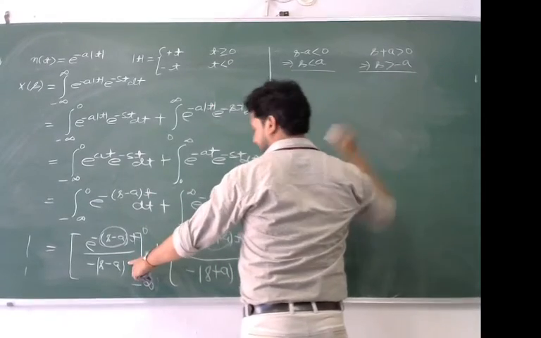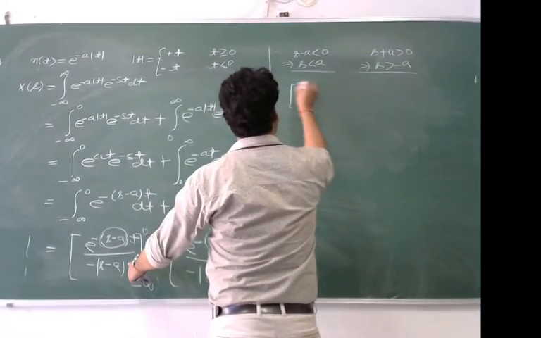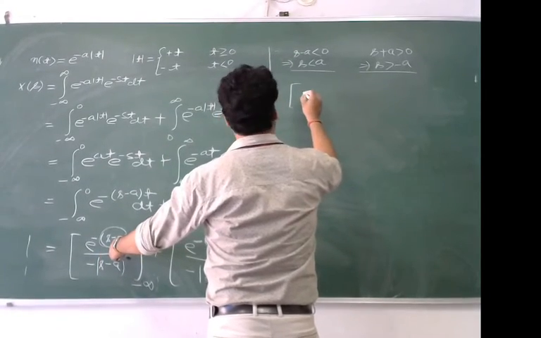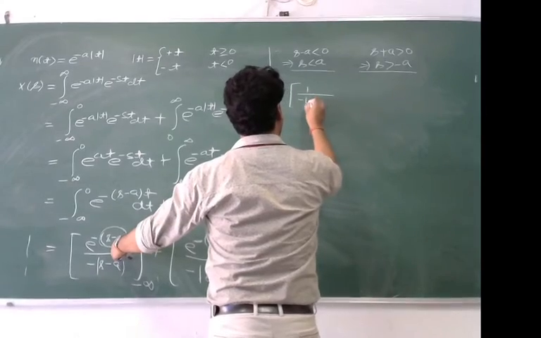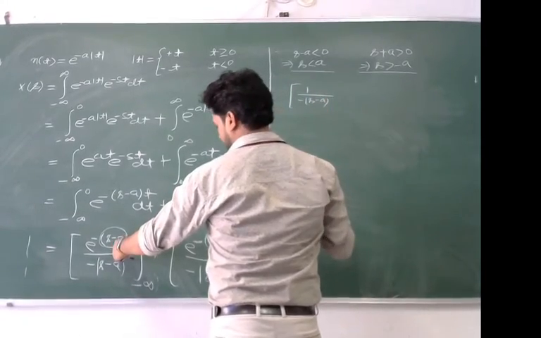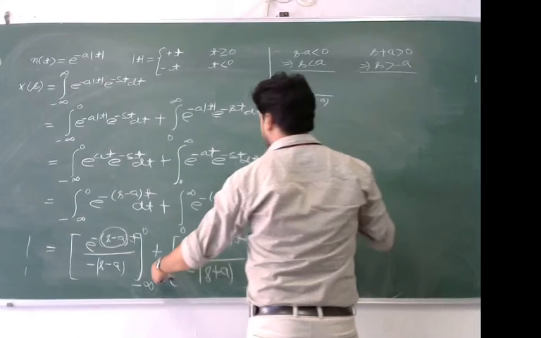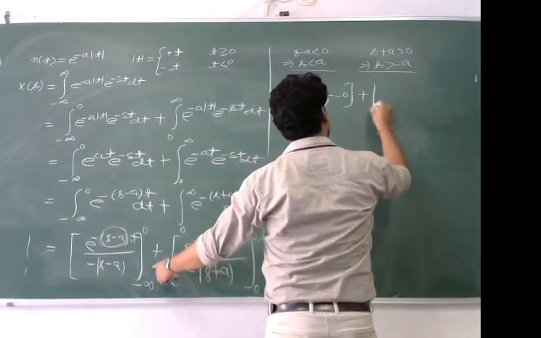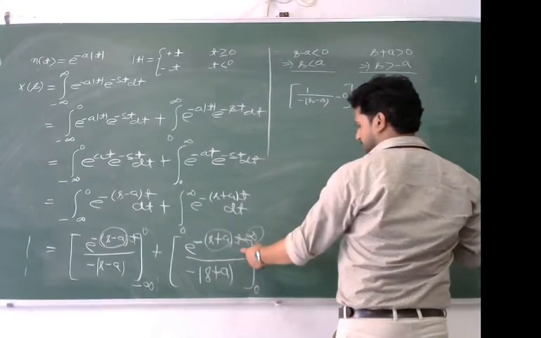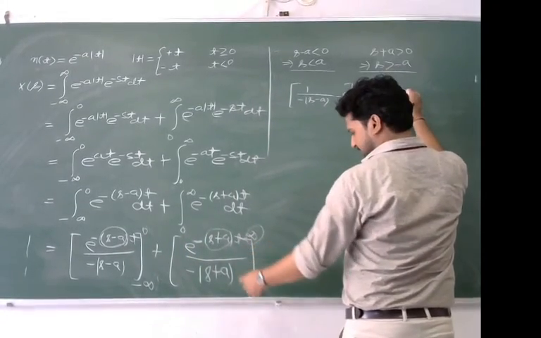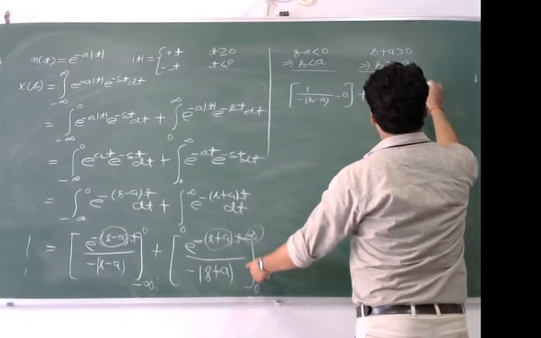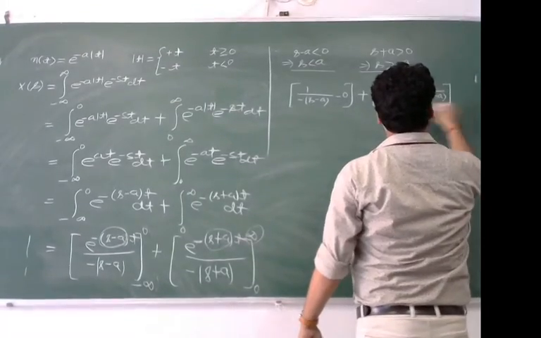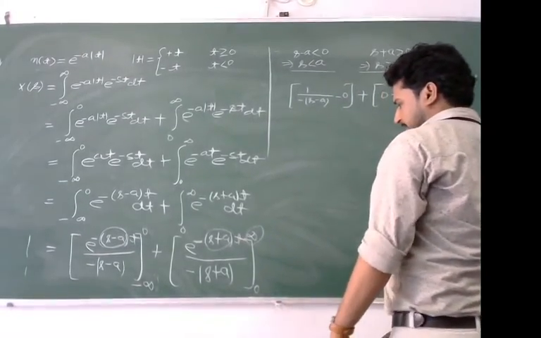Put the limit, this will become 1, e power 0 means 1, upon minus of s minus a, minus e power infinity means 0, plus here it is e power infinity means 0, minus of 1 upon minus of s plus a, minus of s plus a.